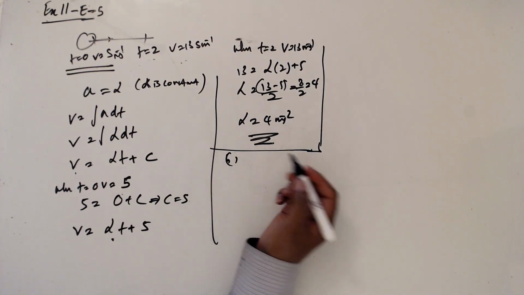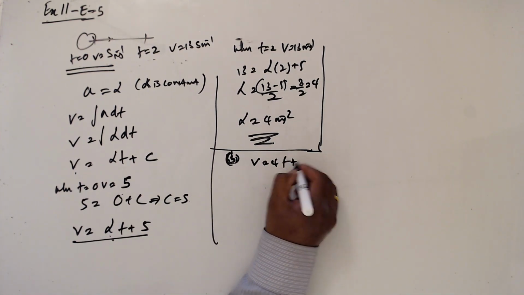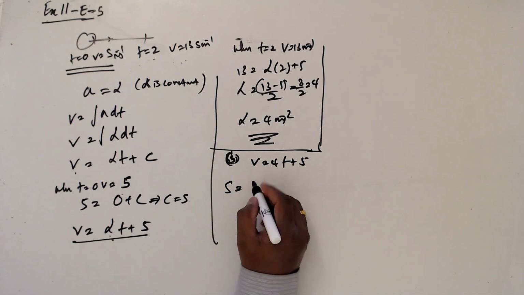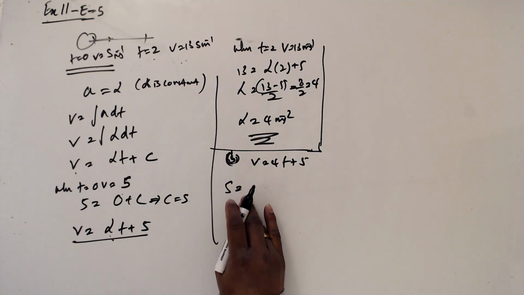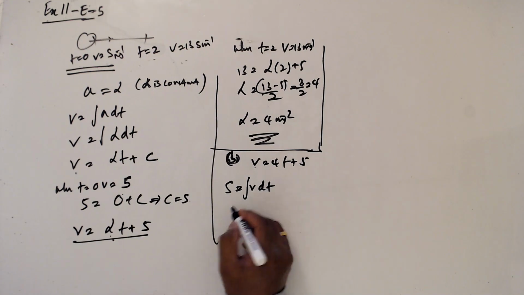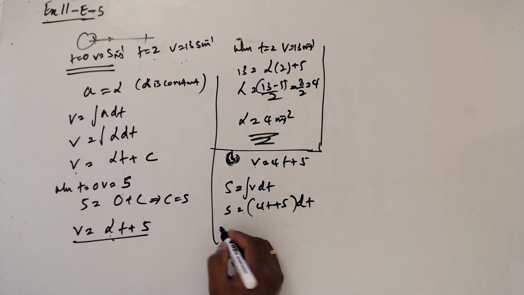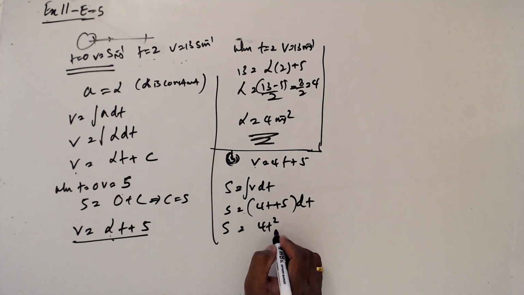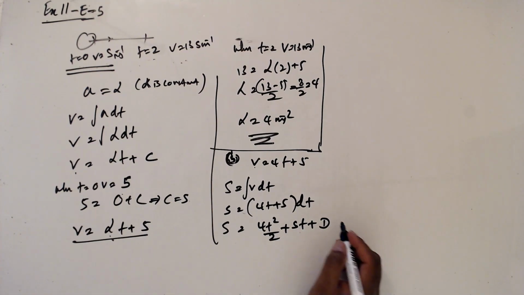And now we have the velocity. Part B, we want to find the displacement equation. So we have the equation v equals, we know, 4t plus 5. Then s, we have to integrate v dt. So s equals the integral of 4t plus 5 dt. So s equals 4t squared divided by 2 plus 5t plus D, the constant.